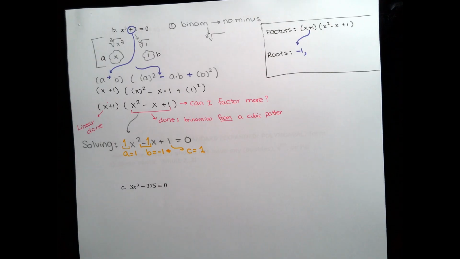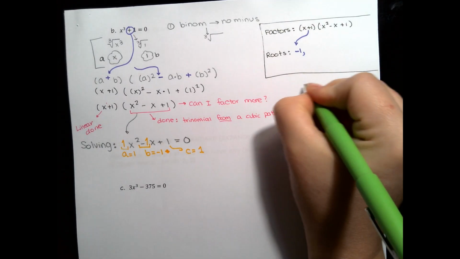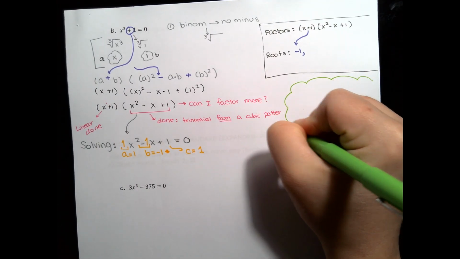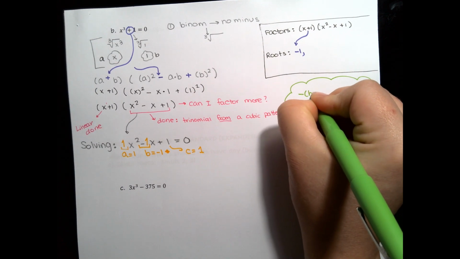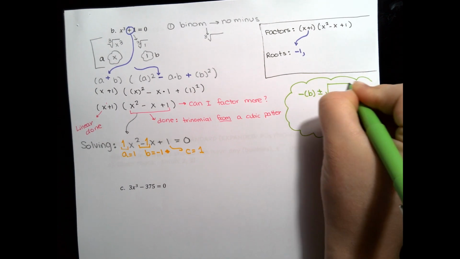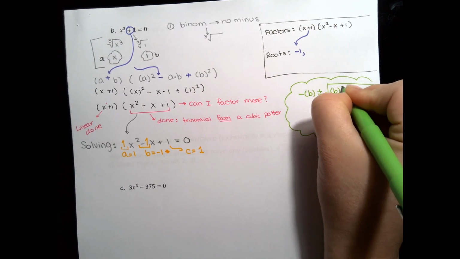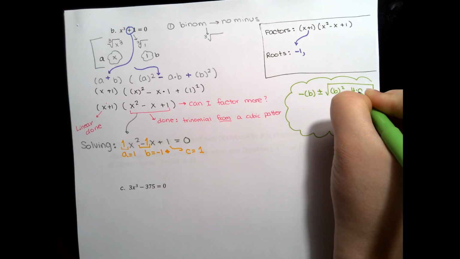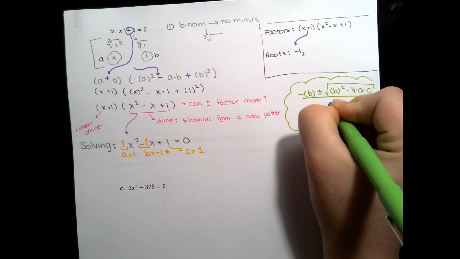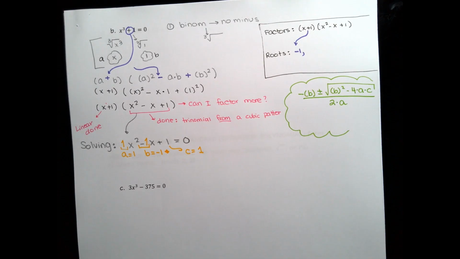And we're going to be needing to use our quadratic formula again from Integrated Math 2. So quadratic formula, I'll write it here in a thinking bubble. -b plus or minus the square root of b squared minus 4ac all over 2a.